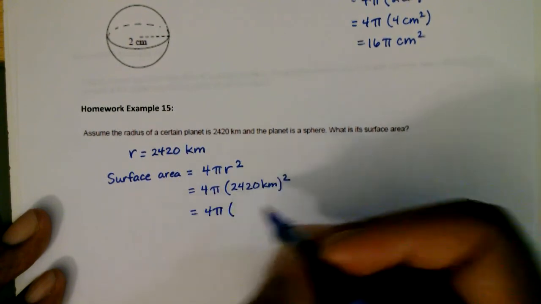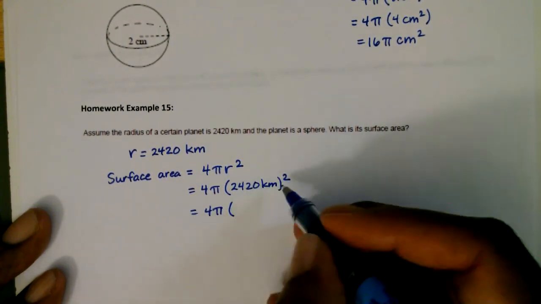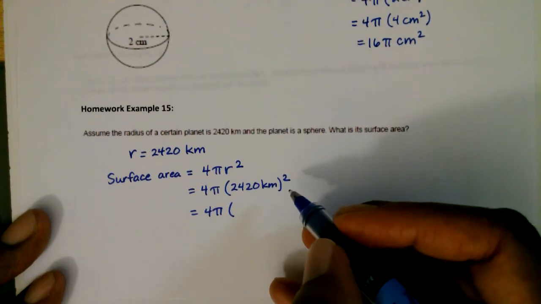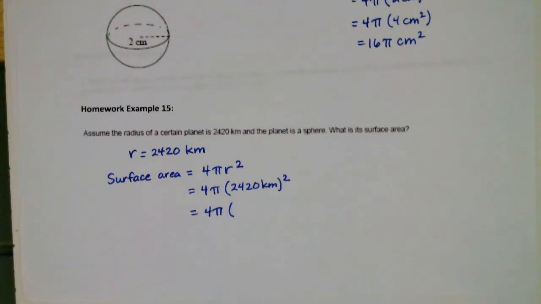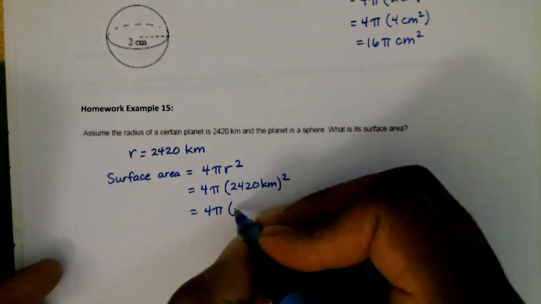Bring down the 4 pi. But if I square 2,420, okay, let me do this on the calculator, that'd be 5,856,400.